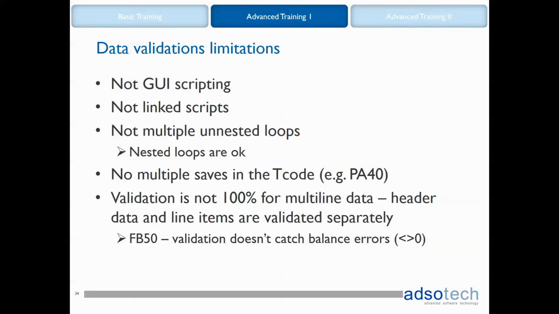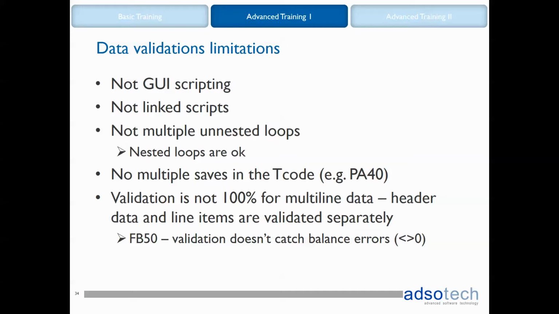And then for all those finance people, it's good to know that for multi-line data, the data validation is not 100%. Like I explained before, data validation will go to each SAP field and fill in the data in each of those fields.